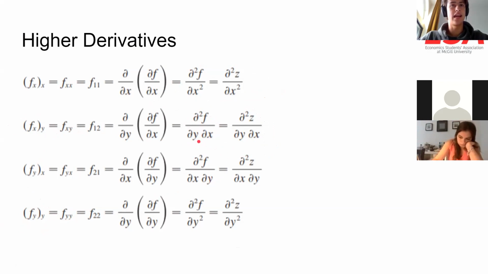Please note that the later differential that is taken is on the left here. It is something that you might see coming by quite a few times. It's important to remember.